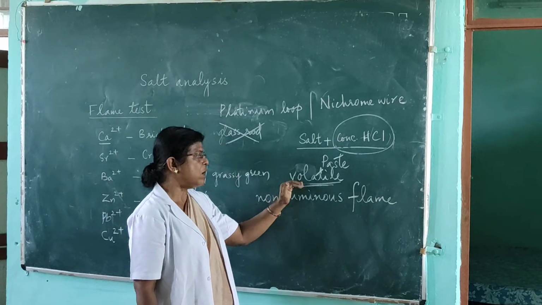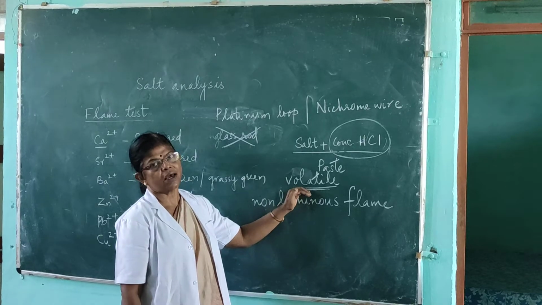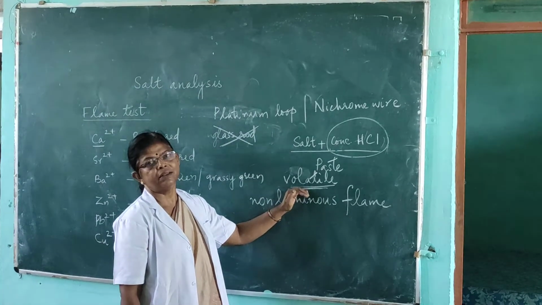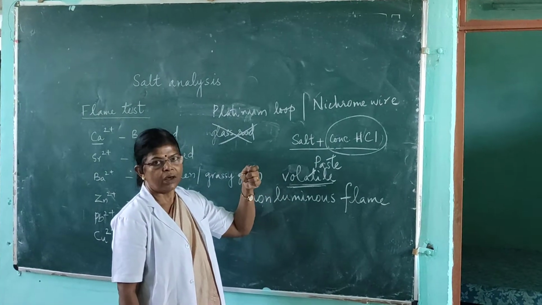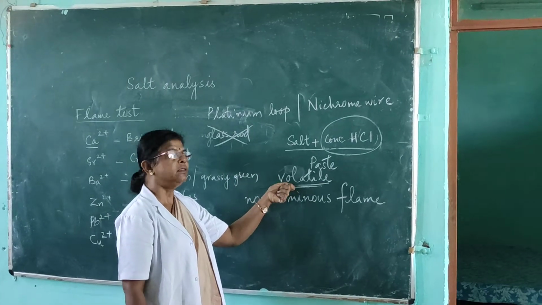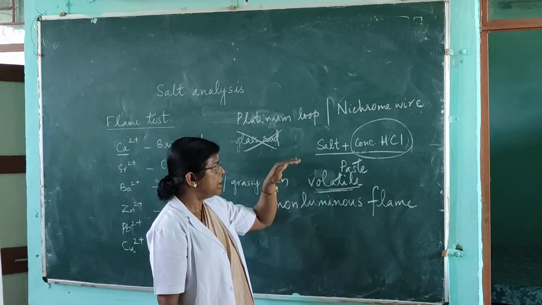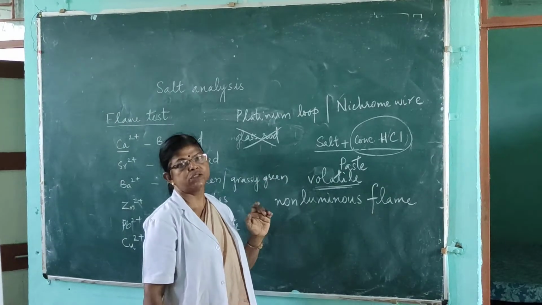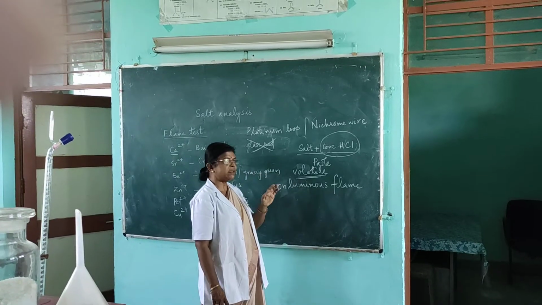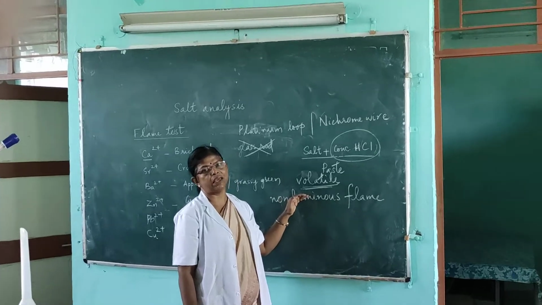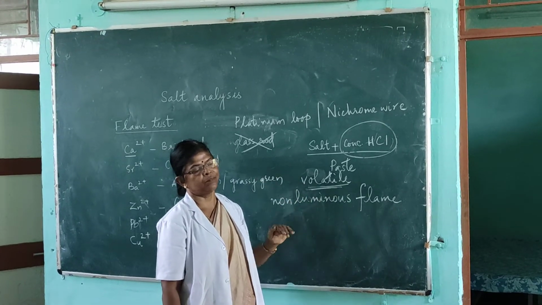Because chlorides are highly volatile, by evaporating you get the metal very easily, and in the Bunsen flame, which is very hot, excitation of the electrons happens.